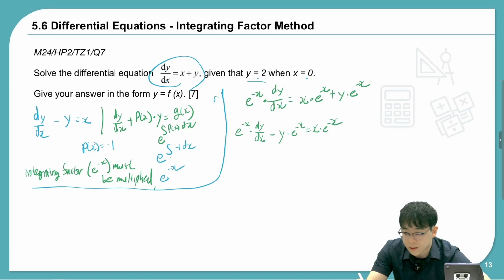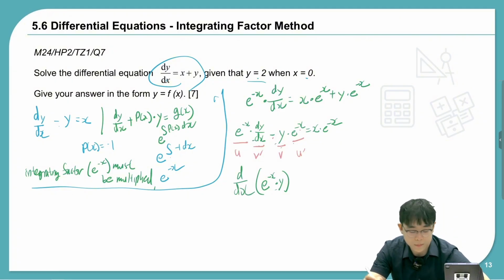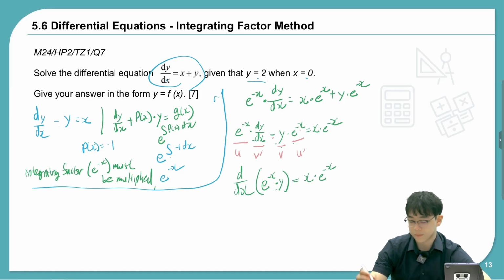So this is a result of if this were to be u, and this were to be v prime, and y were to be v, and if this were to be u prime. So the negative e to the power of -x, that's going to be u prime. So this is actually the result of if we had e to the power of -x times y, and if we had differentiated that, that would have given us the left-hand side here by product rule. Okay, so this is equal to x times e to the power of -x.